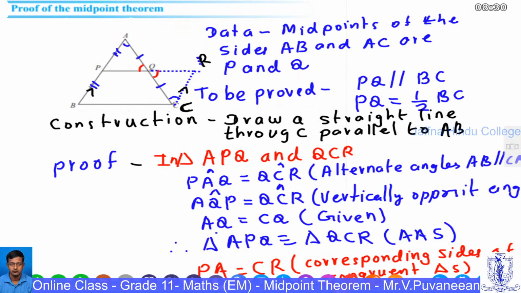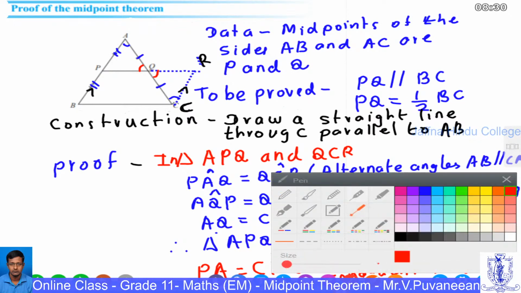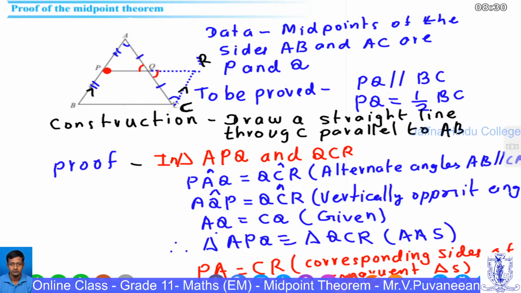PQ equal to half BC. Look at the figure. In this figure these two triangles are congruent, so we can say PQ equal QR, corresponding elements of congruent triangles.